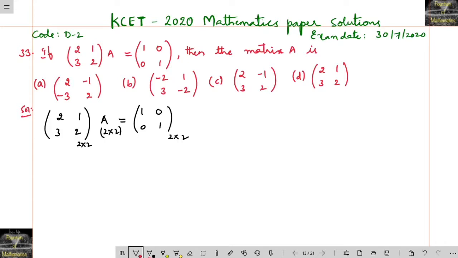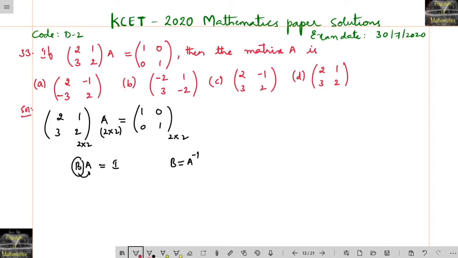And also very clearly we can say some matrix is multiplied with A, you are getting an identity matrix. Suppose if I take B into A is equal to I, definitely this B must be the inverse of A, or A must be the inverse of B. So we can write B inverse is equal to A, or A inverse is equal to B.